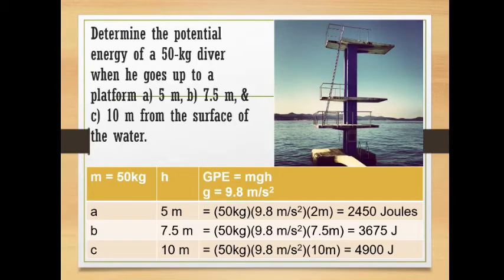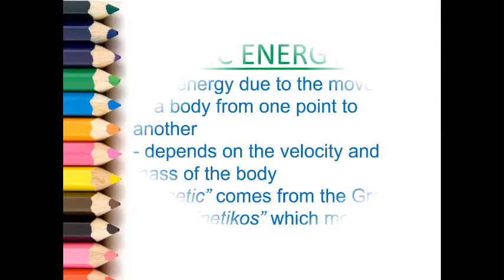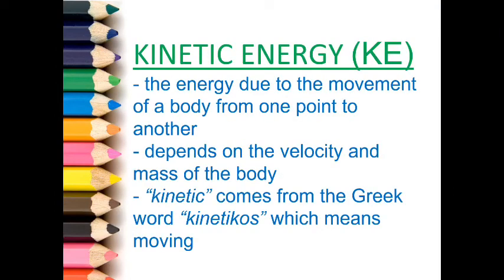This energy is called kinetic energy. Kinetic energy is the energy due to the movement of a body from one point to another. It depends on the velocity and mass of the body. Kinetic comes from the Greek word kinetikos, which means moving.